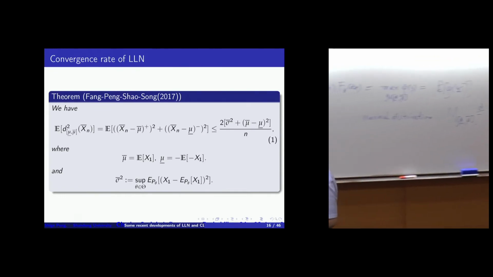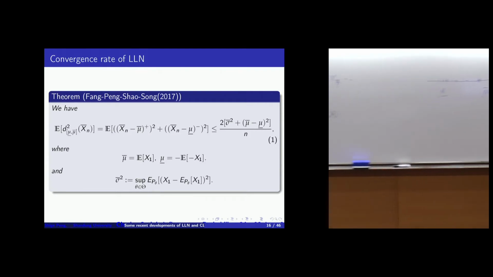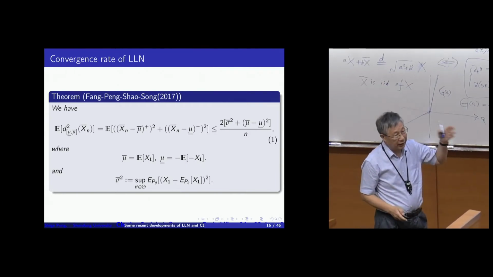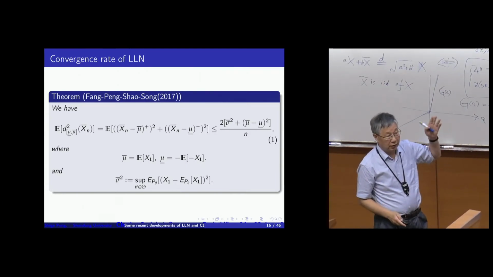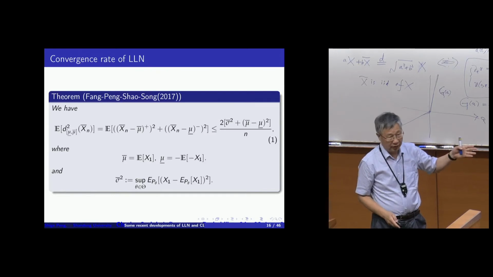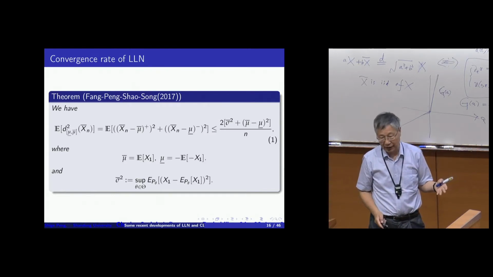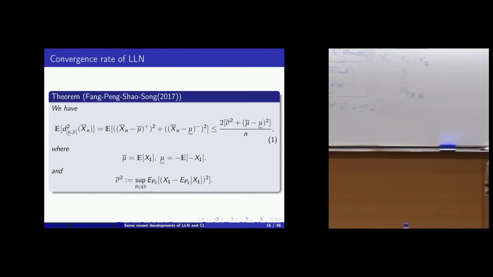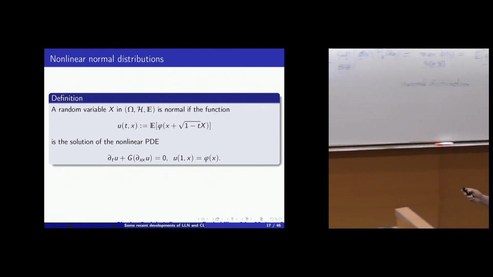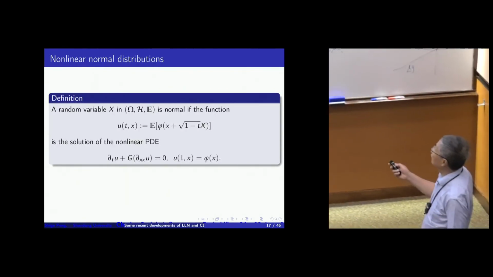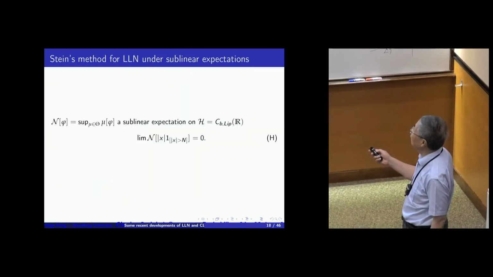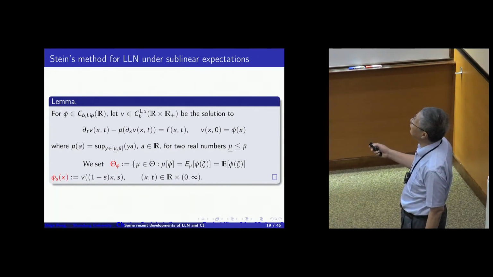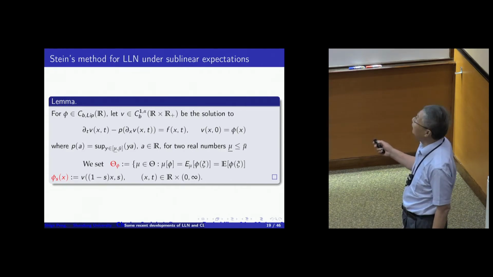And then, can we, even in this case, prove the law of large number by a probabilistic method? This is the Stein method for the law of large number.